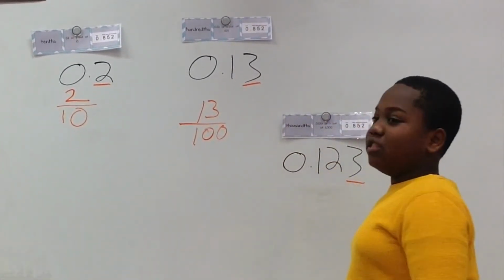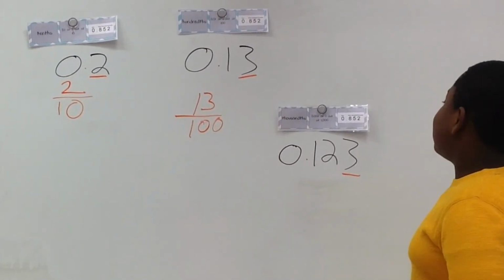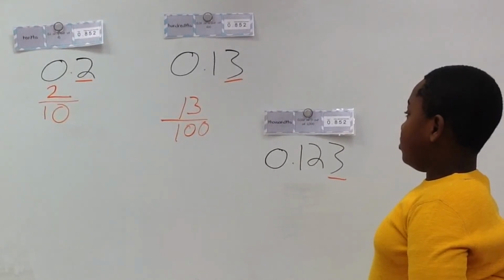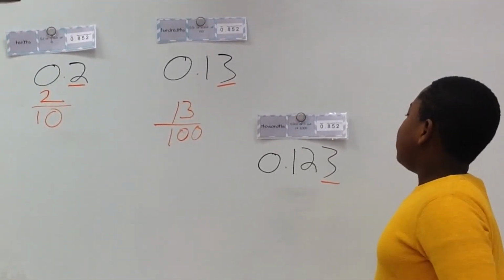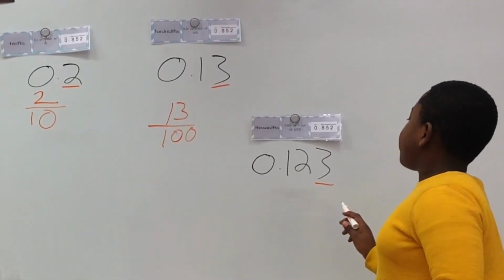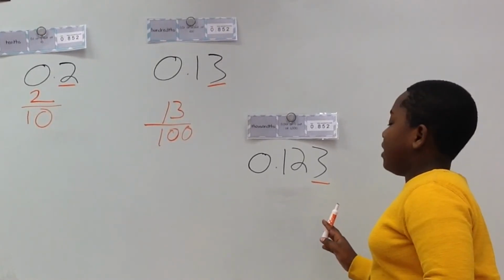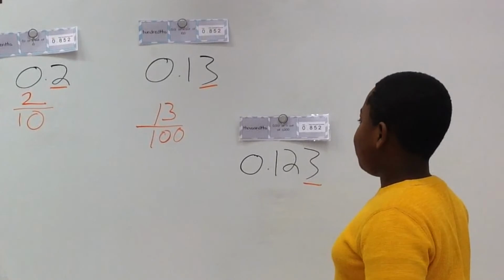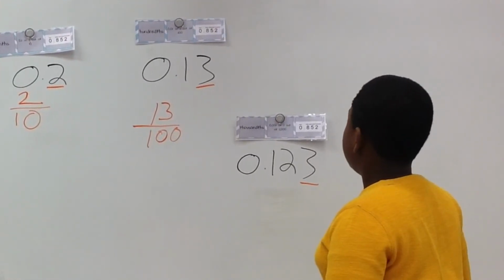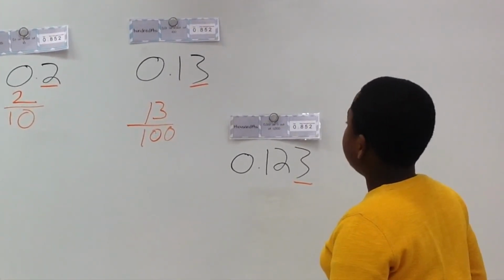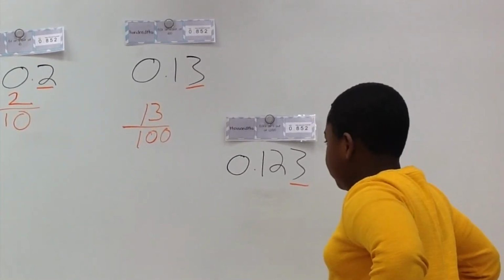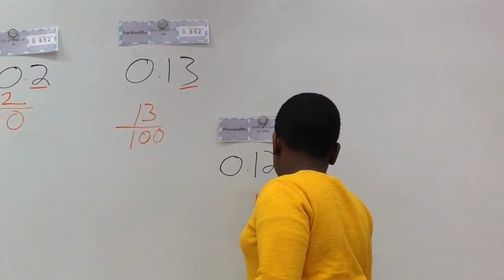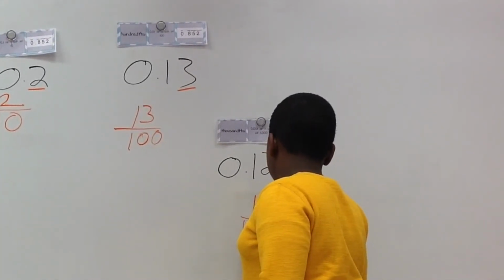So then finally, we're on thousands, and this time the 3's in the thousands place. So now as it's in the thousands, it's out of 1,000. So it's 123 out of 1,000.